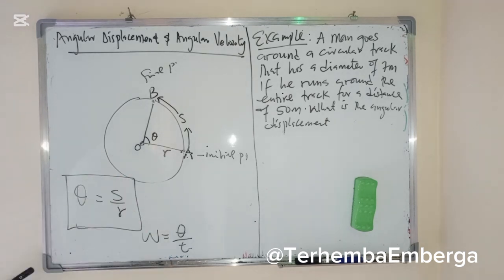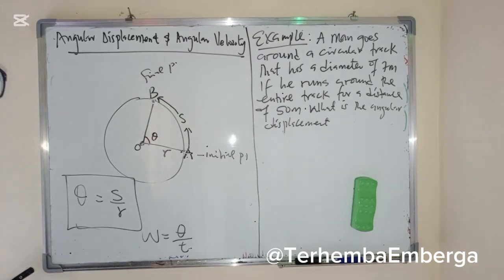So we need to know that for an object rotating about an axis, every point on that object has the same angular velocity. But points further from the axis of rotation move at a different tangential velocity than points close to the axis of rotation.